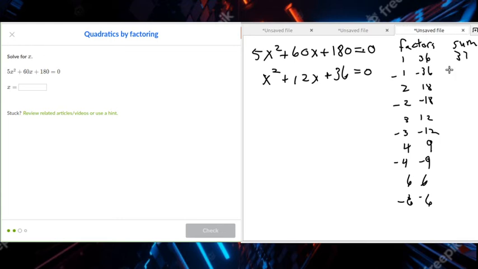So 37, negative 37, 20 and negative 20, 15 and negative 15.